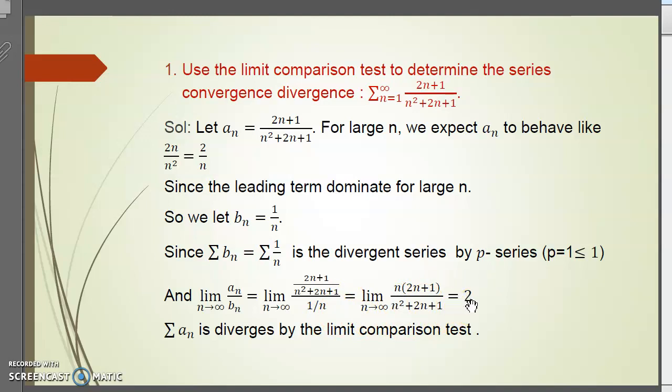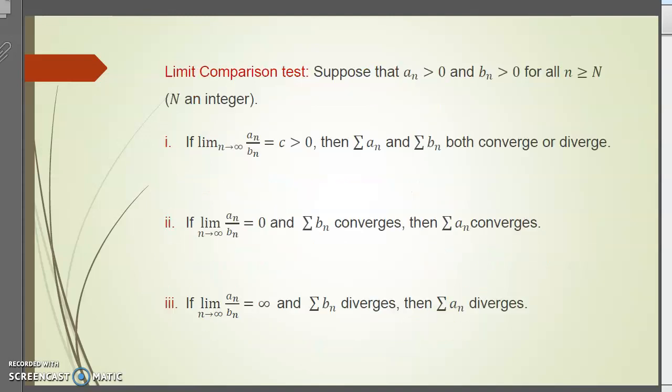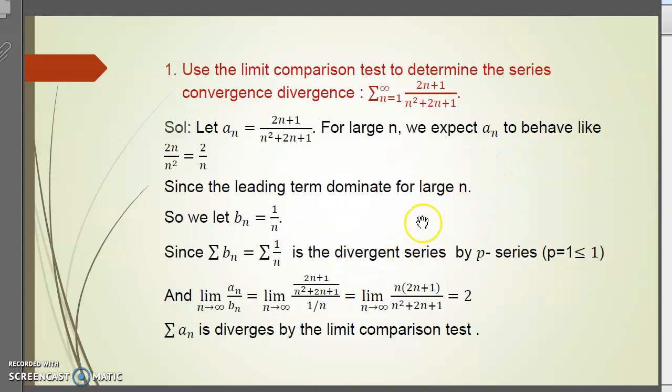Since it is a finite value, it is a constant number. From the last slide, if you get a constant, both are either convergent or divergent. But we already know that summation 1 by n is divergent. So summation a_n is also a divergent series by the limit comparison test.